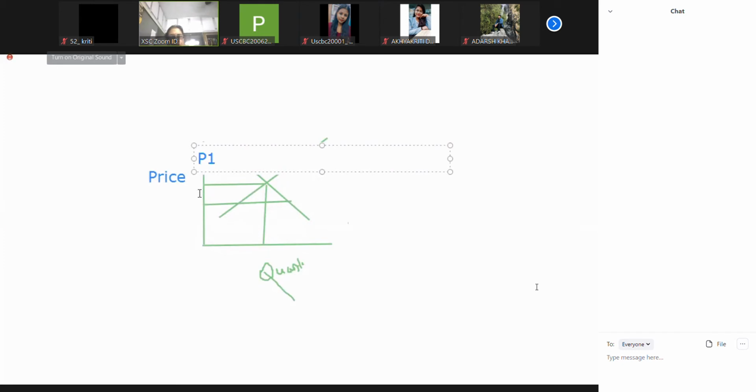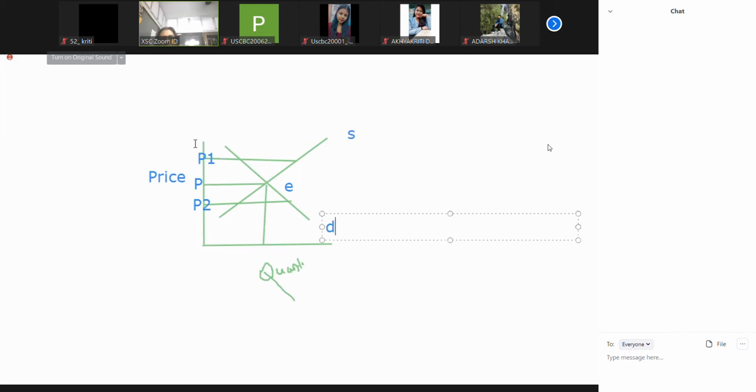This is P2, and this is the equilibrium point E. The equilibrium is attained at the point where demand equals supply, where the demand curve and the supply curve meet. So when the price is P1 instead of P, what will happen?